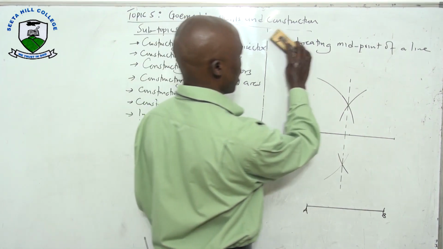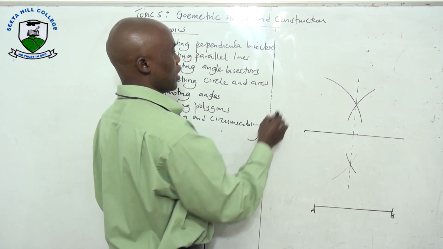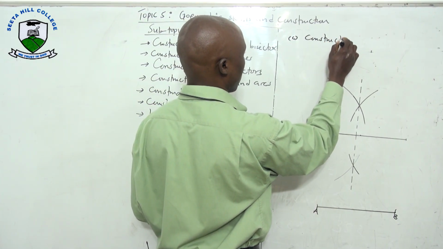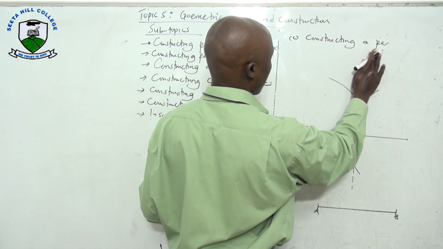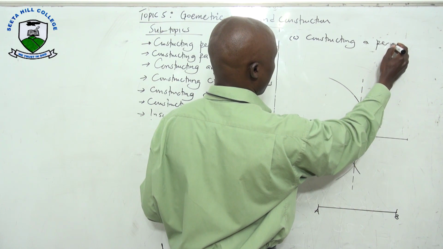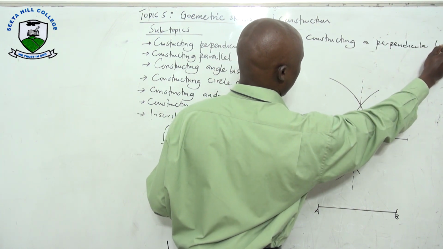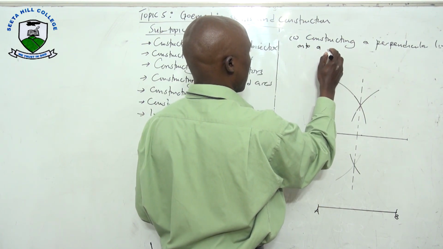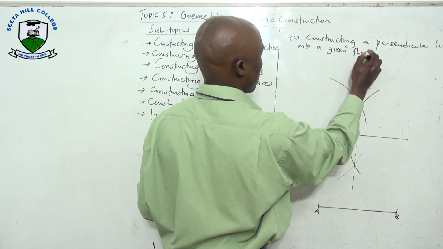Now we want to go to part C. That is constructing a perpendicular line onto a given line through a point.